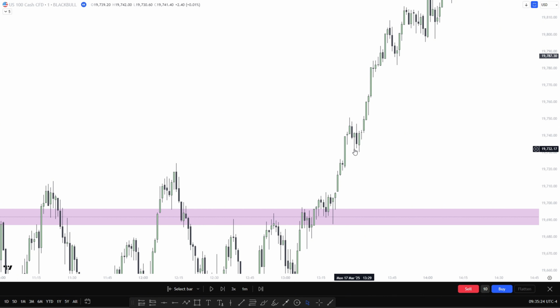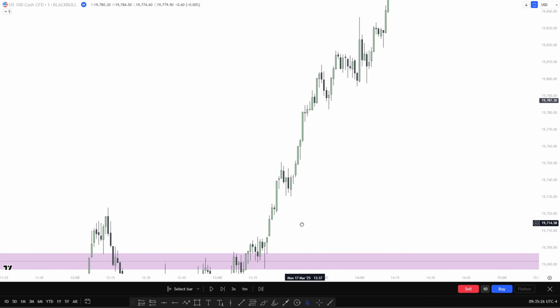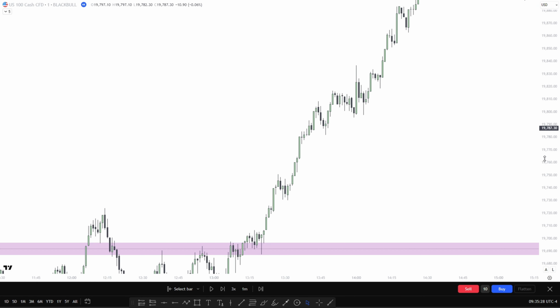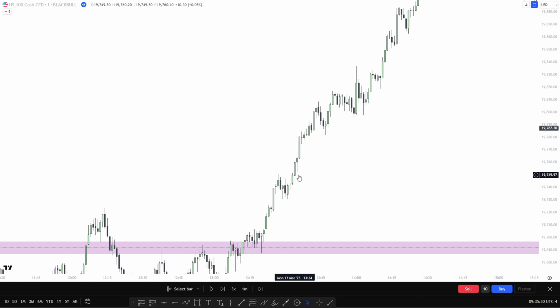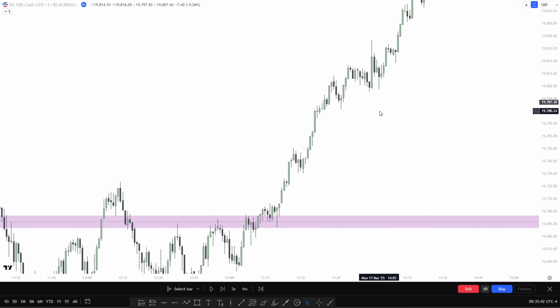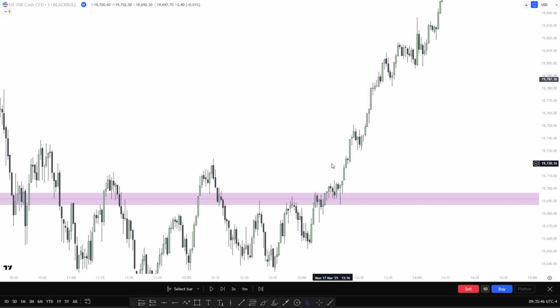This can be your entry for 130 spool, but you see, price never trades back down into it. Sometimes it's gonna do that, and that's okay. You will just miss an entry, and that's fine.